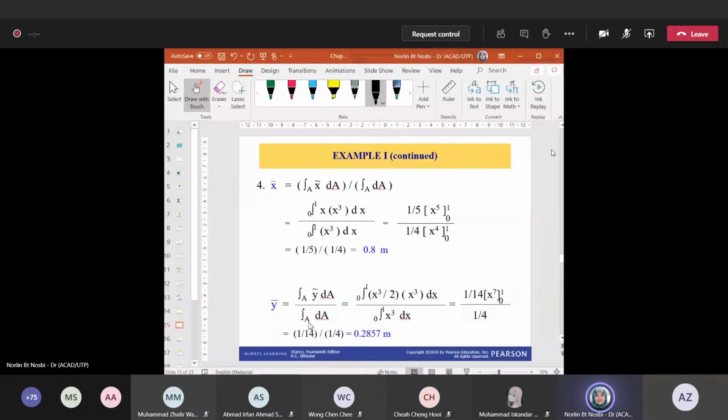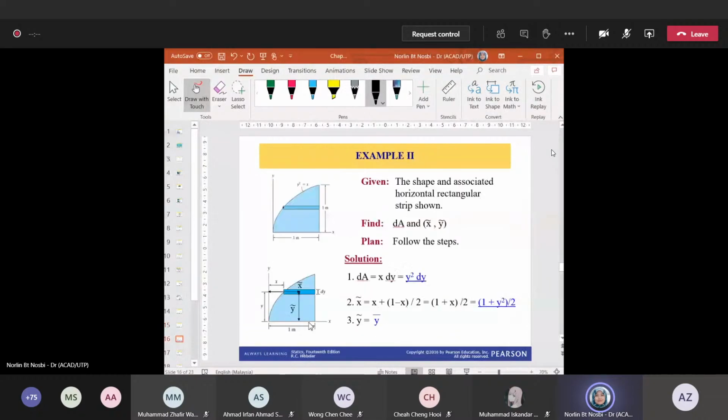That was example 1. Now we will look at example 2. How do you want to find it? Given here is the shape and the associated horizontal rectangular strip. The shape is a quarter circle, and it gives you a horizontal rectangle, so you have to use it.